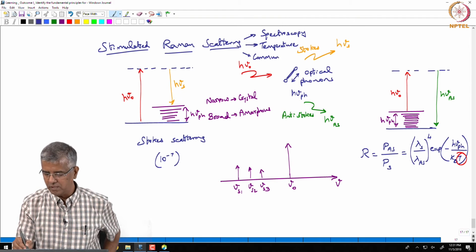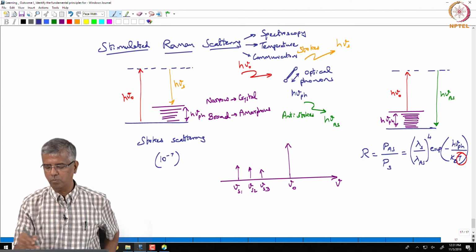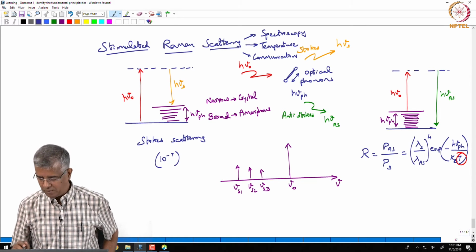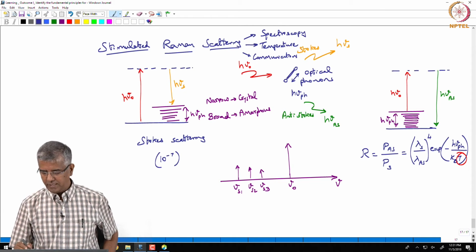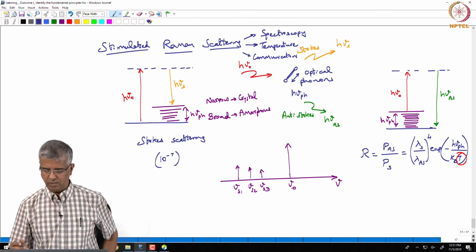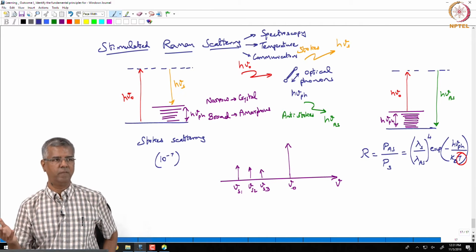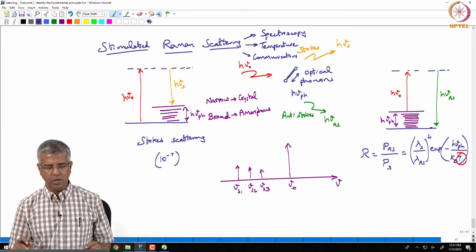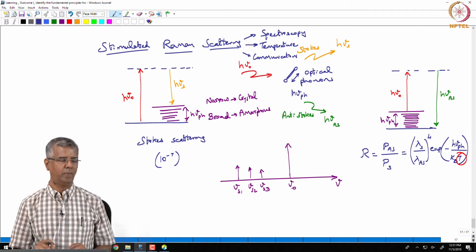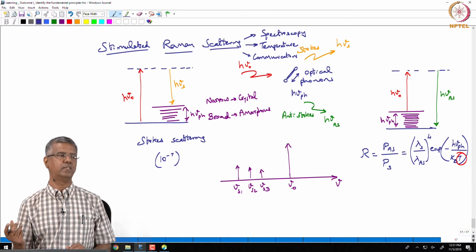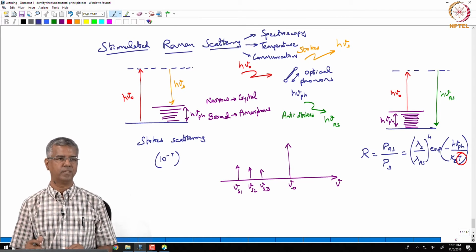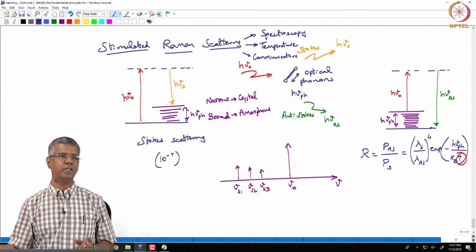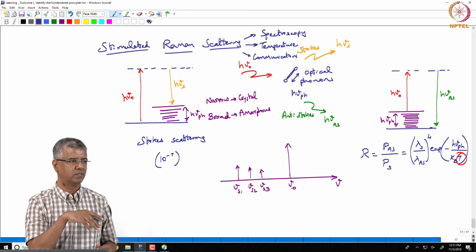So, in communications, it could be both bad as well as good. It could be bad because, let us say I am sending information in different frequencies, like in wavelength division multiplexing, different wavelengths. If nu naught and nu s are both different channels in my communication system, what this Raman scattering does is it takes energy from nu naught and deposits in nu s, right.